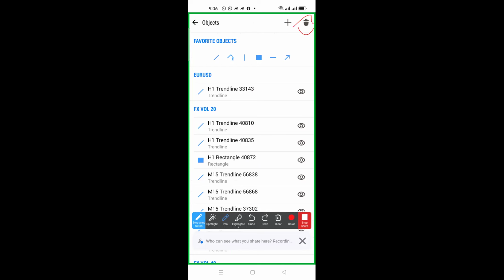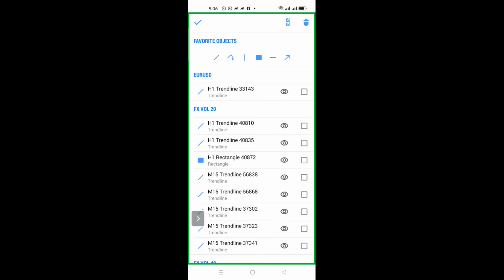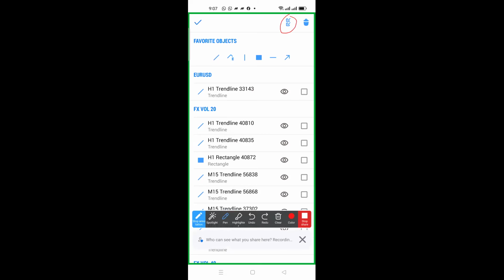Okay, so you see this delete button now. Now that you have come here, you just tap on the delete button. When you tap on the delete button, you see this other one again. You click on it.